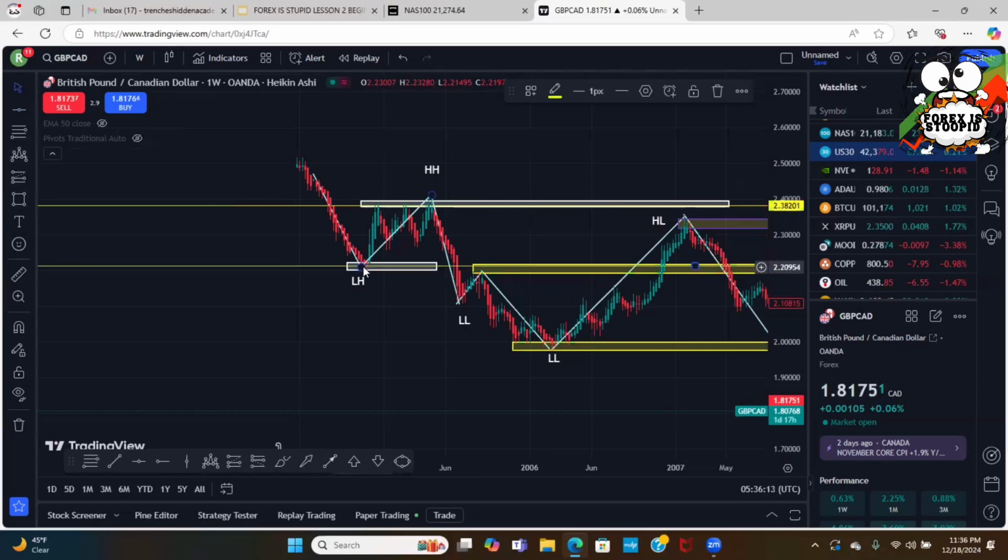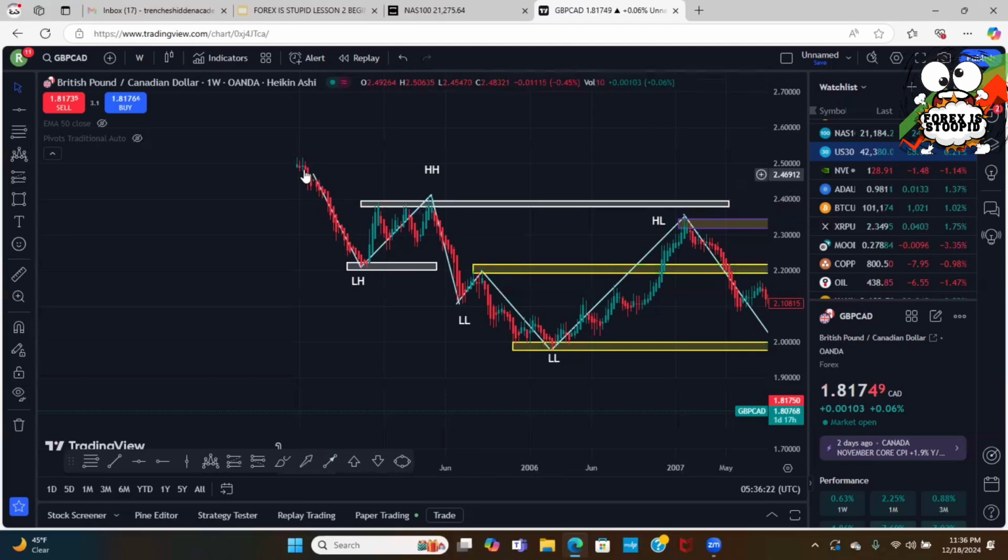Because as you can see, they acted like that in the past, and then price broke out of it. So lower high, higher high, followed by lower low. This was a key zone right here. All right, so this is now a major resistance that can act as a support.